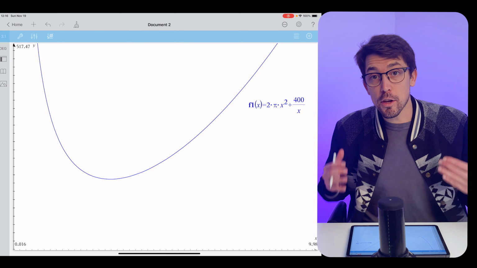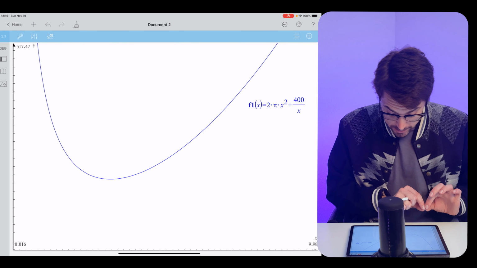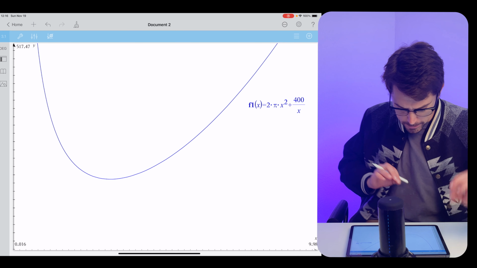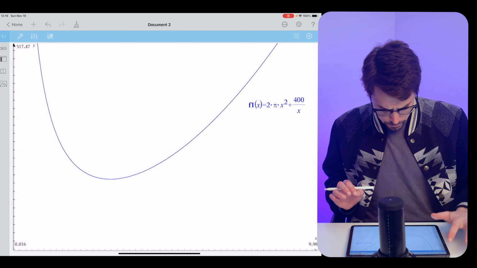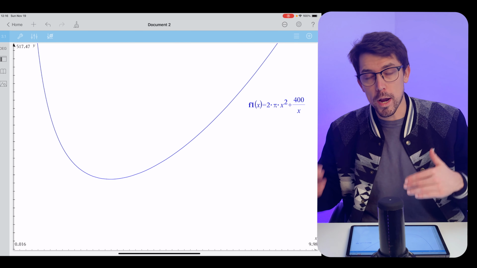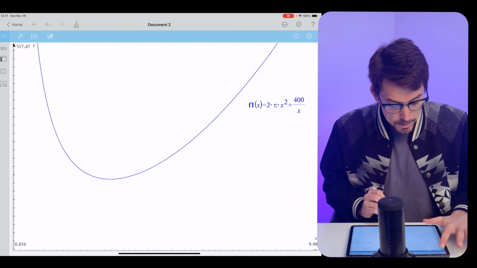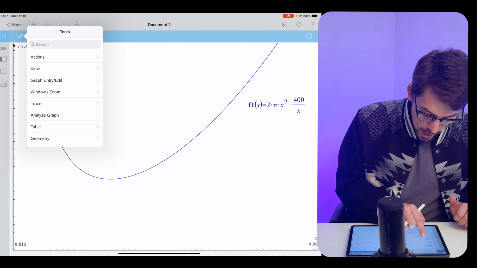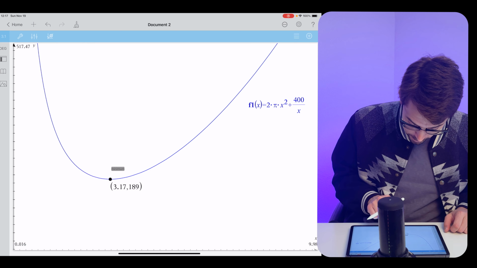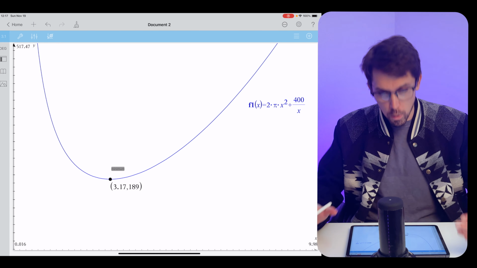When you're looking at the graph, my input is the radius on the x-axis, and my output is the area on the y-axis. If I want to find the minimum surface area possible and what radius that gives, I want to find this minimum point down here. When I analyze this graph and find the minimum, I get a value of 3.17 and 189.